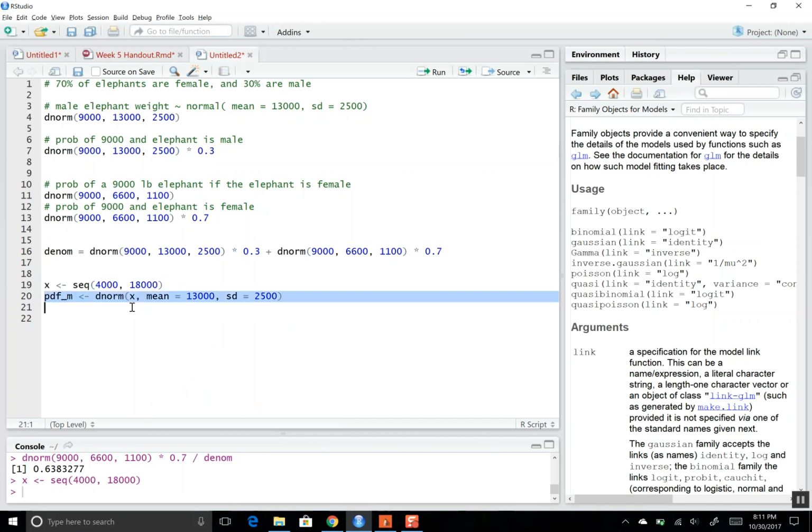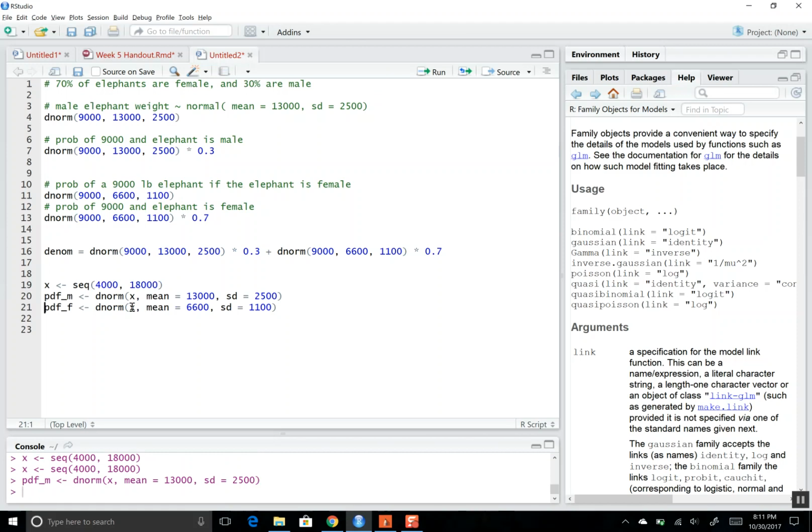And then PDF for the females would have a mean of 6,600 and standard deviation of 1,100.